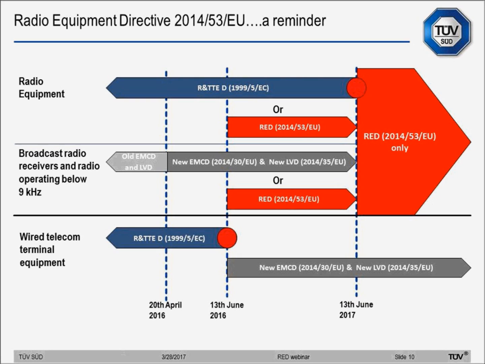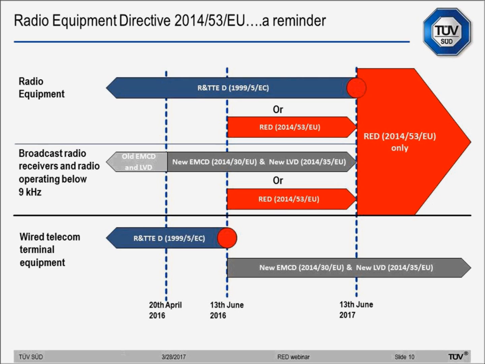Likewise, on the middle timelines, equipment that was not in the R&TTE directive but will be in the RED, i.e. broadcast receivers and equipment operating below 9 kHz, can currently use either the EMC directive and low voltage directives together or the RED.